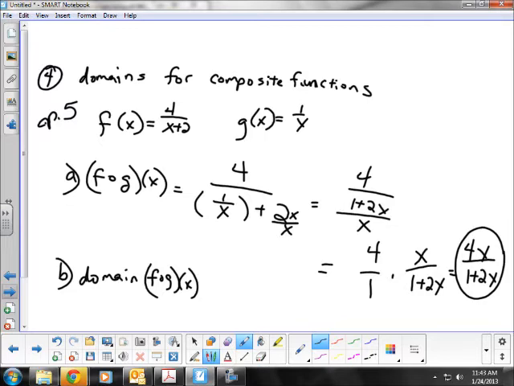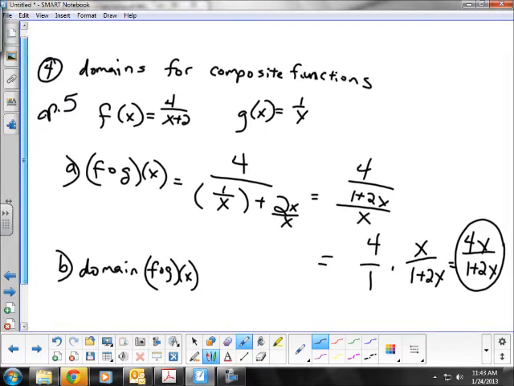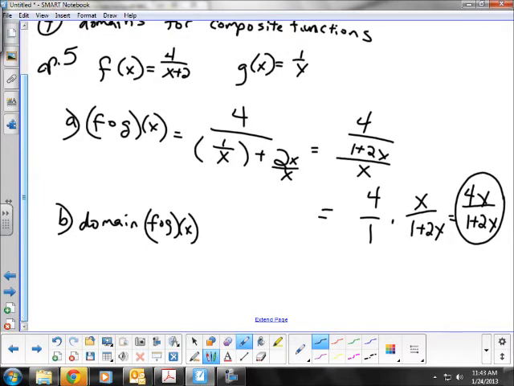Now, let's talk about this domain. Remember, I have two conditions for my domain. First of all, the x value has to be something that's defined for the g function, right? So I'm putting the x's in g first. Take the x's and put them in g.